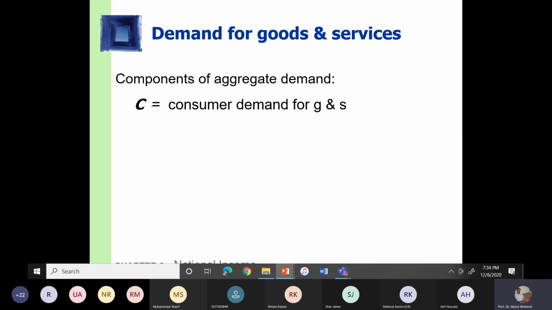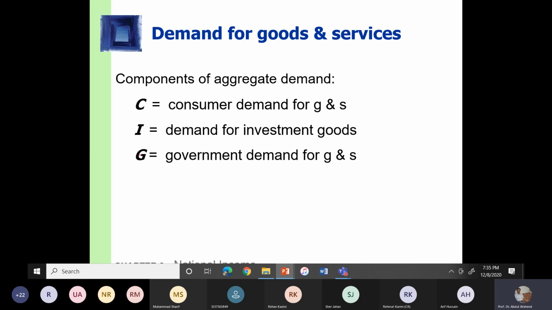Consumption expenditure is the consumer demand for goods and services. Then we have investment, which is the demand for investment goods. And then we have government expenditure, government demand for goods and services. So these are the components of aggregate demand in a 3-sector economy.